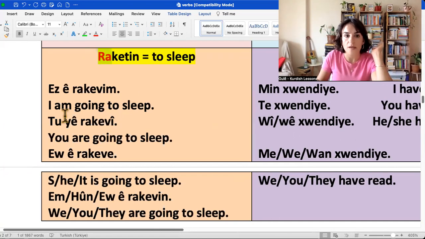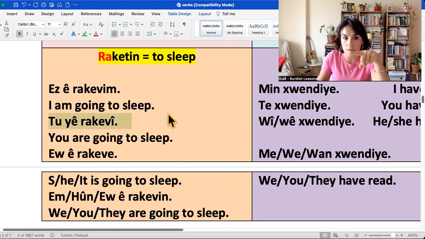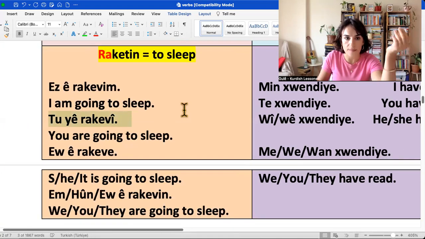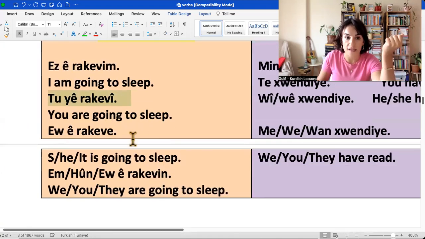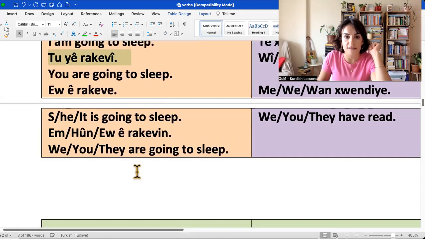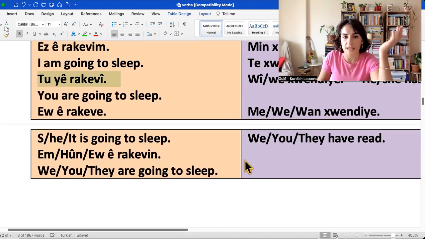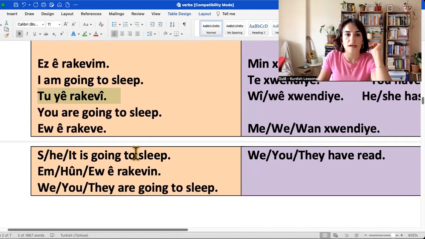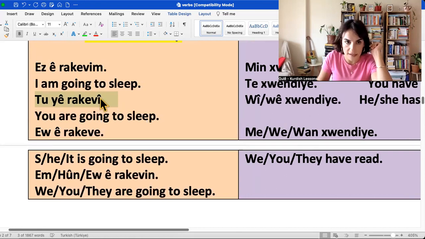For you, tuye rakevi, you will sleep. You are going to sleep. Awe rakeve, he or she is going to sleep, or he or she will sleep. Am hun awe rakevin. We, you, they are going to sleep. Okay?